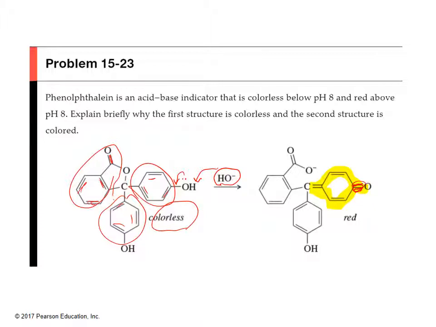Conjugated here, this is conjugated with this, conjugated with this, and then it goes down into the ring. This one's conjugated with this one, with this one, with this one. It's also like this bond right here is also conjugated with this bond and this bond and this bond, and then this bond is conjugated with that bond. The whole thing is conjugated. That's got a ton of conjugation in it. Increasing conjugation is what gives you your red color.